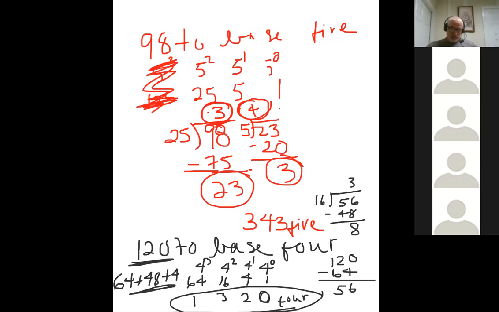So you cannot have a digit in the answer that is equal to or greater than the base. All the digits must be less than the base. You might want to write this down somewhere.